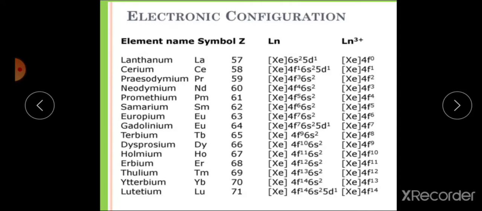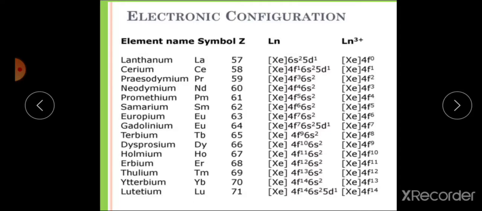For lanthanum, the 4f orbital is slightly higher in energy than 5d. That's why lanthanum has the electronic configuration xenon 6s2 5d1 instead of xenon 6s2 4f1.